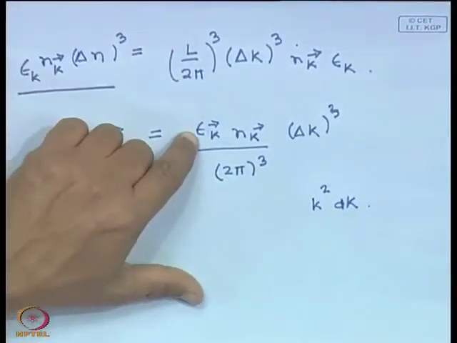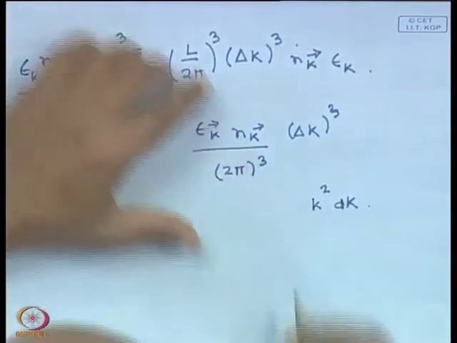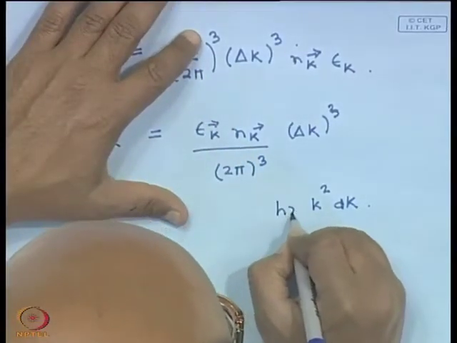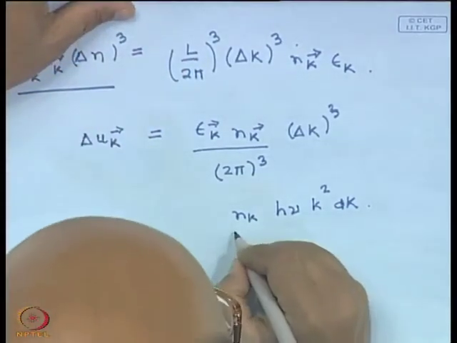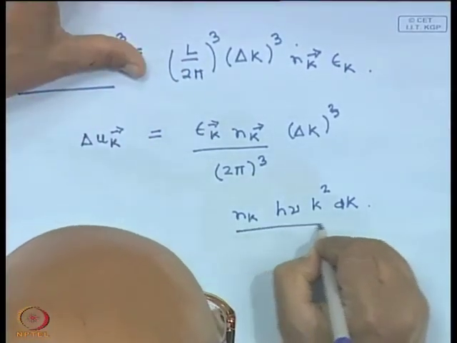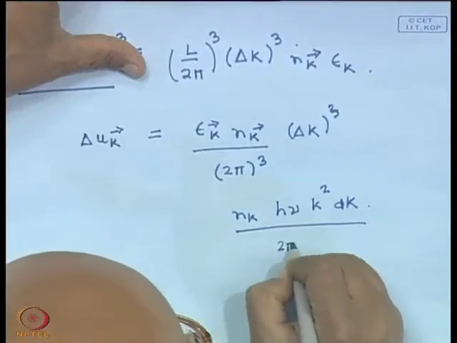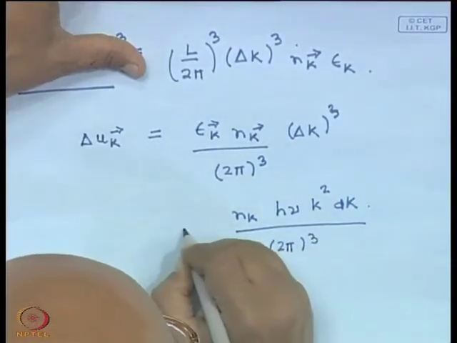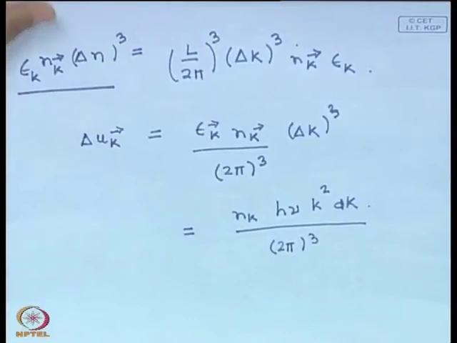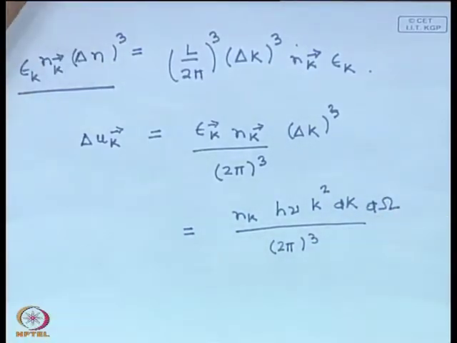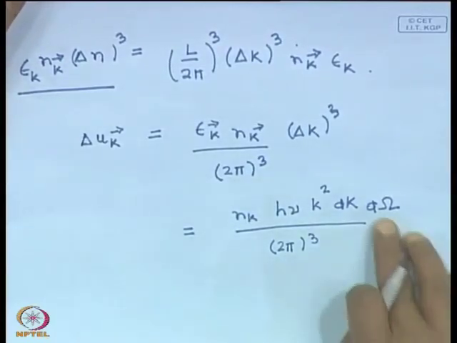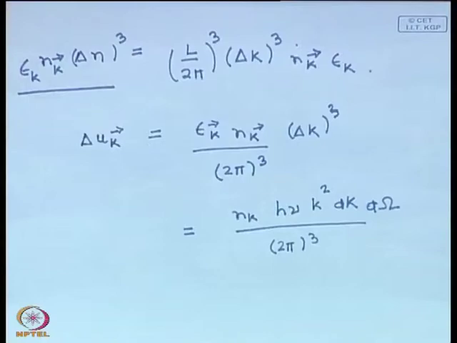The energy of each photon I can write as h nu. I have the occupation number divided by 2 pi cube into d omega, the solid angle. Right. So, the wave vectors I have written in terms of the magnitude and direction, and the direction I have decomposed into solid angle like this.